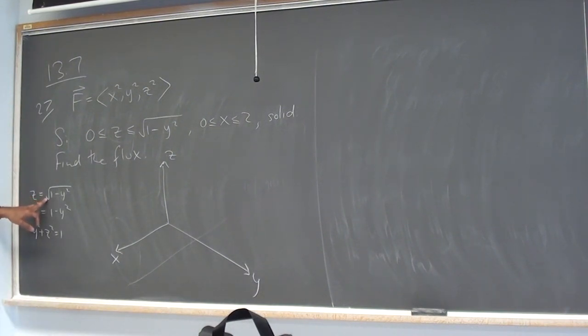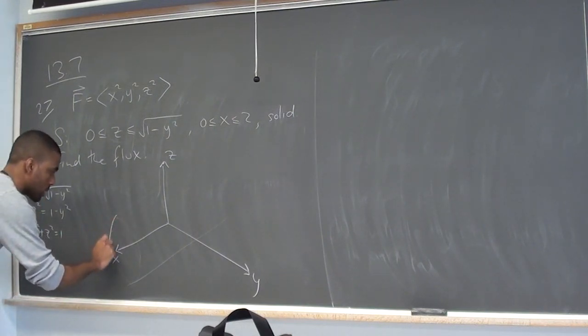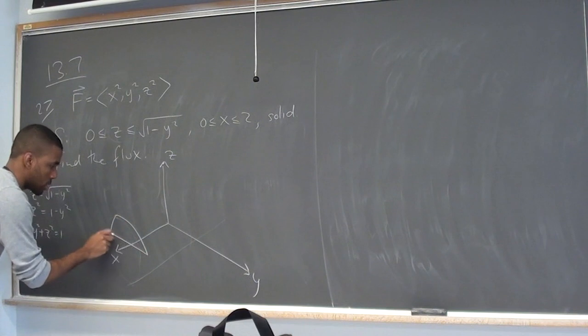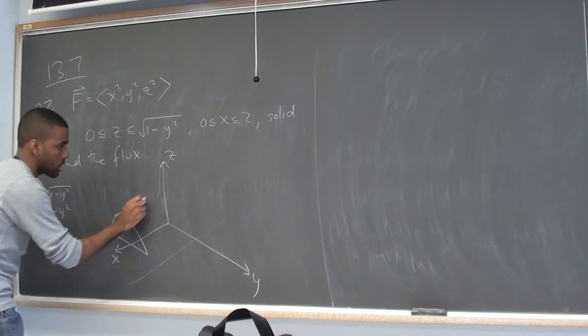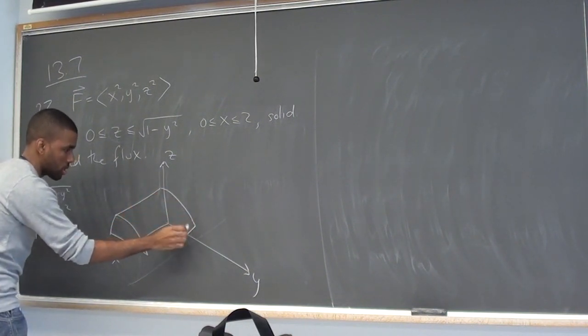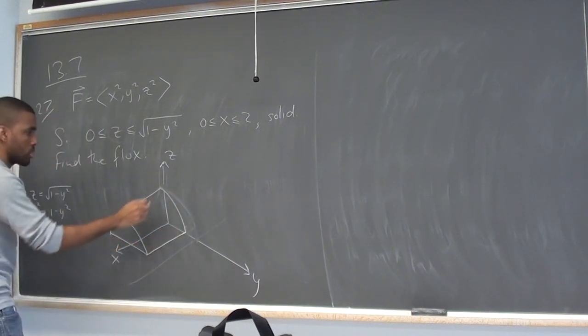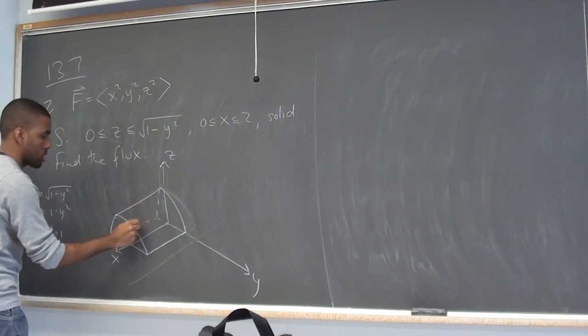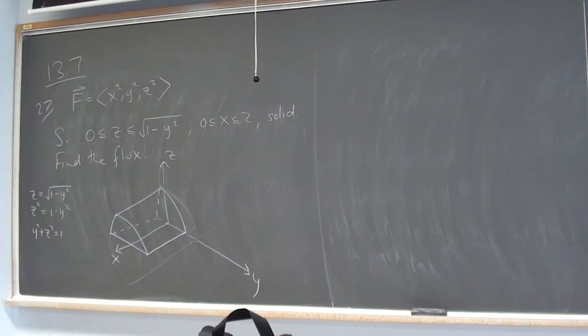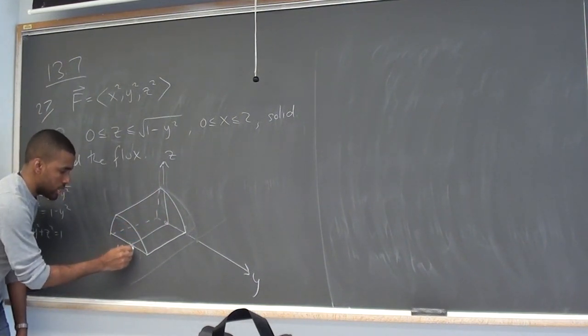So remember, it's really only half a cylinder. This is just telling you you'll take the top part, running between x is 0 and x is 2.